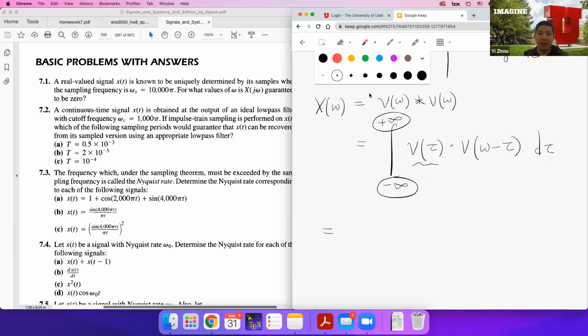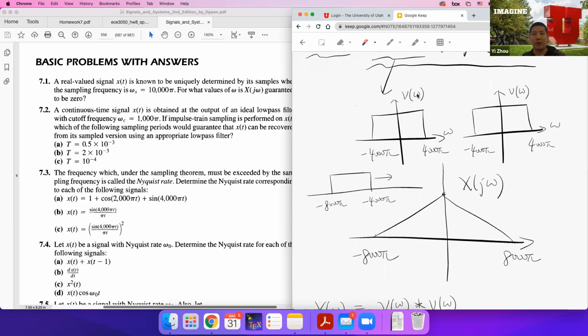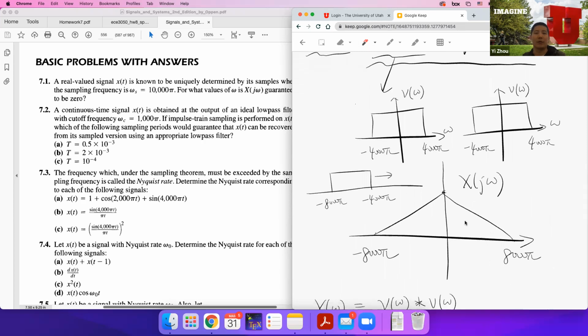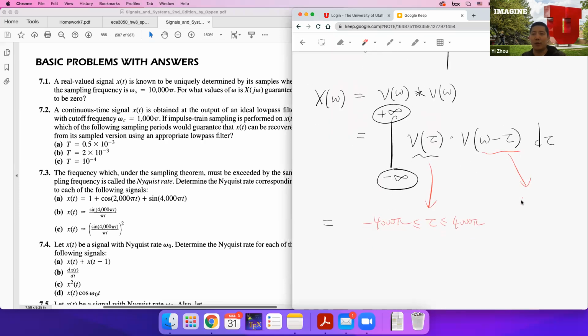For V of tau, we know that tau must be restricted between negative 4,000 pi and 4,000 pi. And for the other one, we need omega minus tau to be restricted between negative 4,000 pi and 4,000 pi.